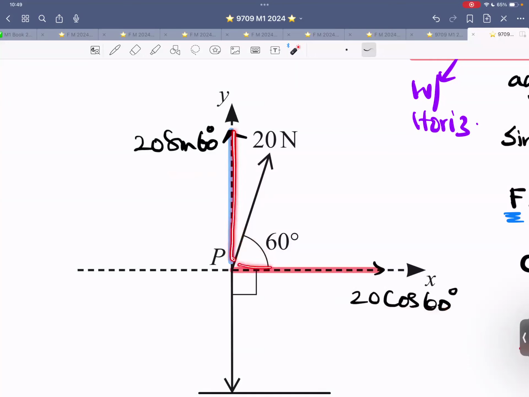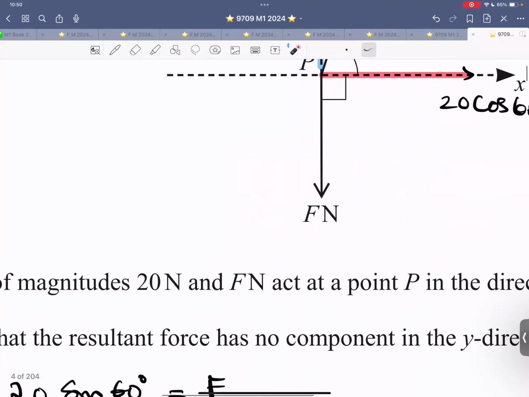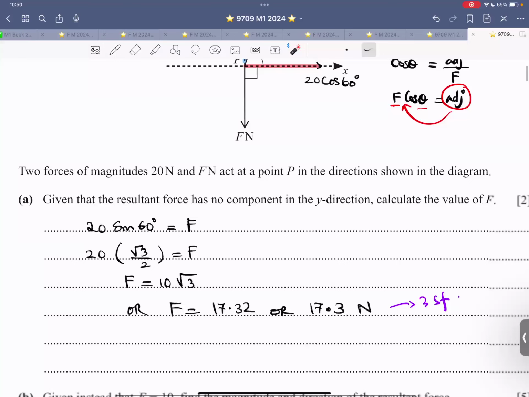The components should include the original force. The original force is sandwiched between the components. Take care of that. It's not possible that the force is going this way, this is going this way, and then the sine theta is going this way. That is not possible. So now let's read the question.